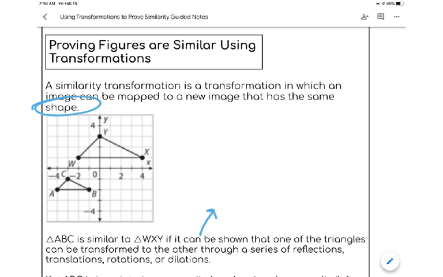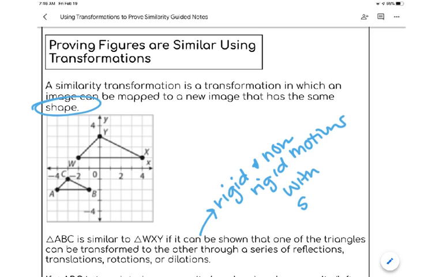This is different now with similarity because you can use dilations; they don't have to be rigid motions in order to be similar. So we're going to say we can use rigid and non-rigid motions here to determine similarity.